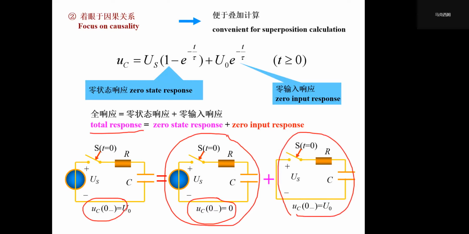So it's very convenient to do the superposition calculation. But as we all know, for superposition calculation we have some special cases to consider, especially when we encounter controlled sources. So if we encounter those kinds of sources, we had better take care.